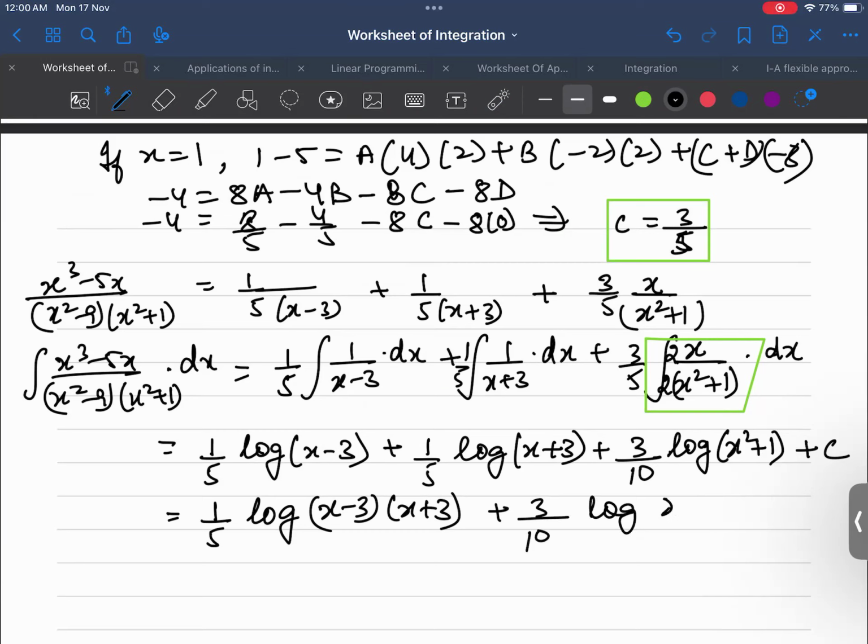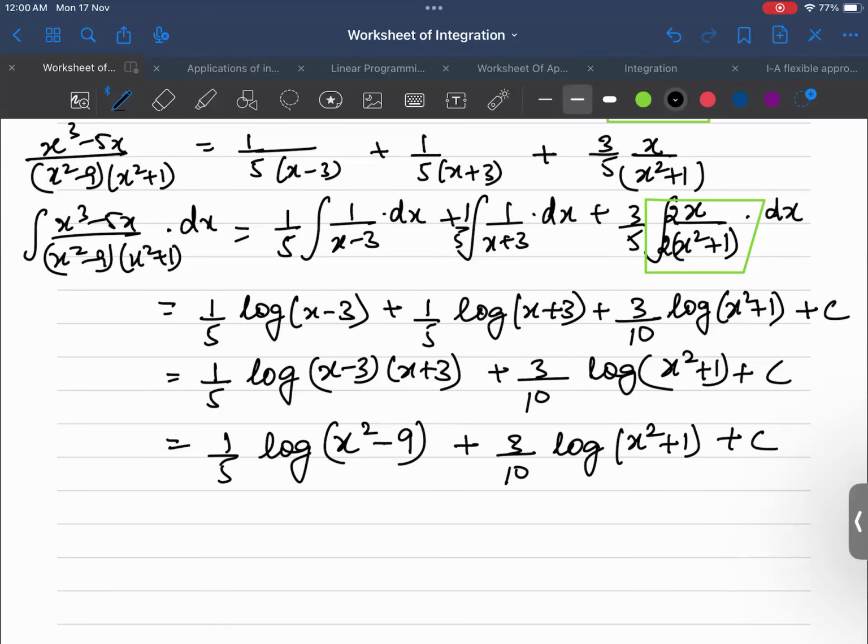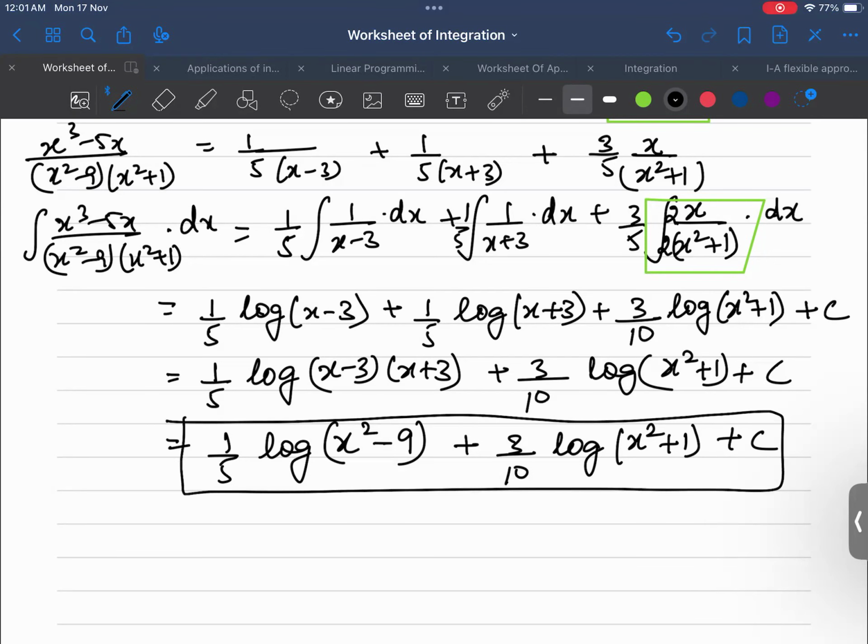I can write it down as 1 upon 5 log x square minus 9, plus 3 upon 10 log x square plus 1, plus c. So this is your answer. Clear, and it's easy.